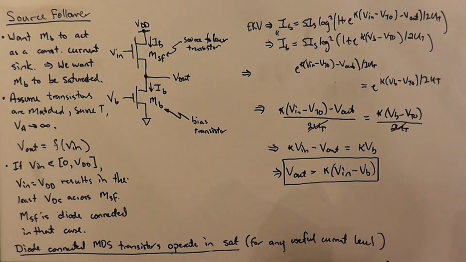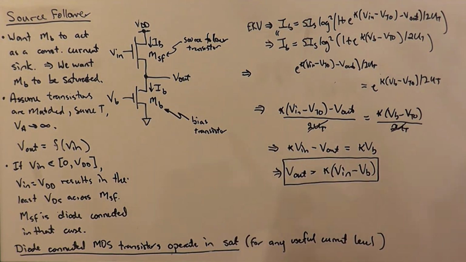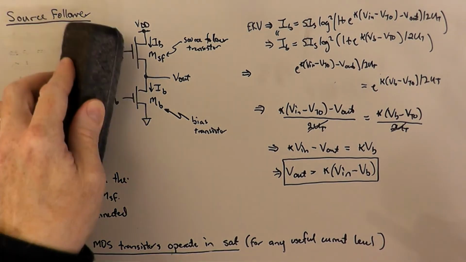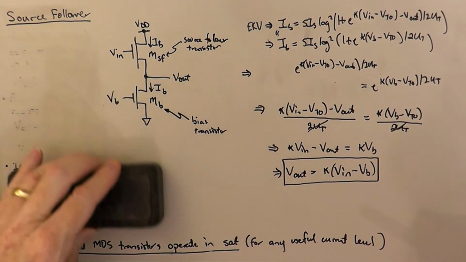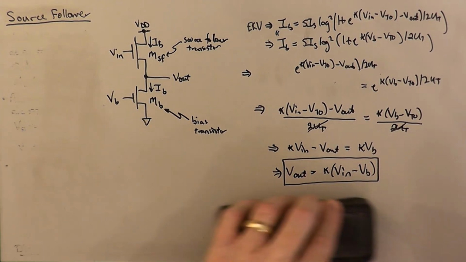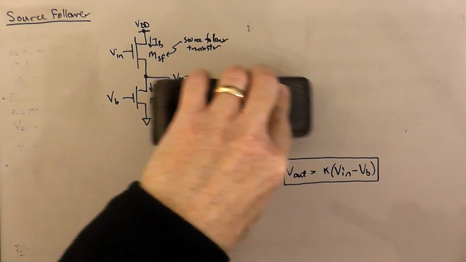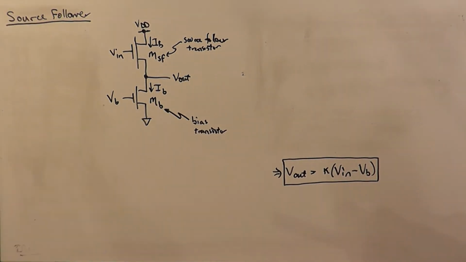Here we have Vout is just proportional to Vin minus the bias voltage. And so we could sketch that if we wanted to. So I'll just copy that over here.